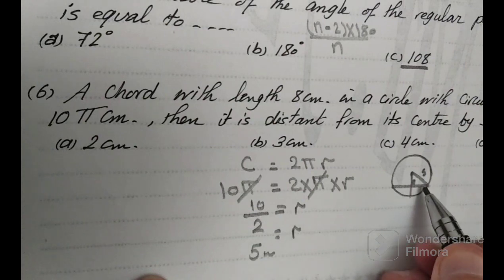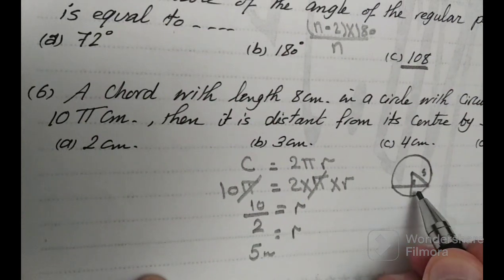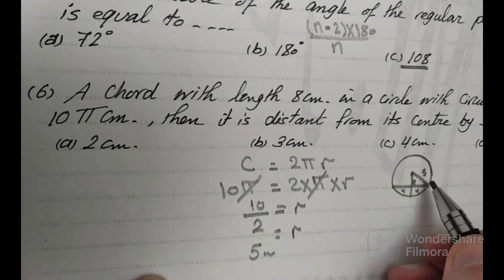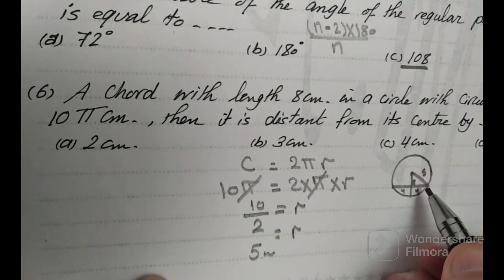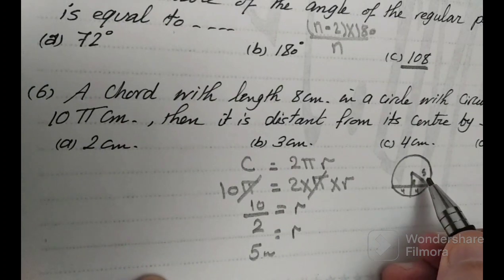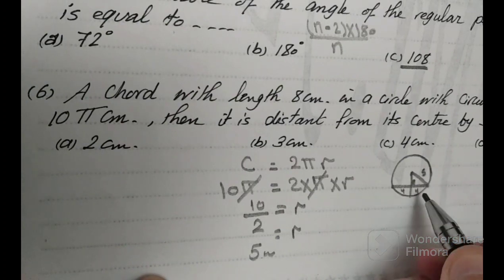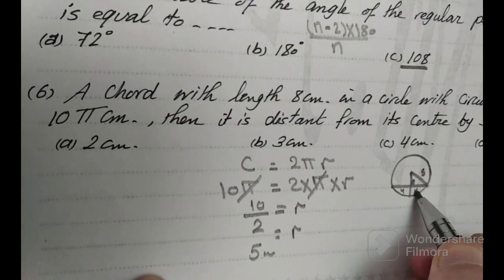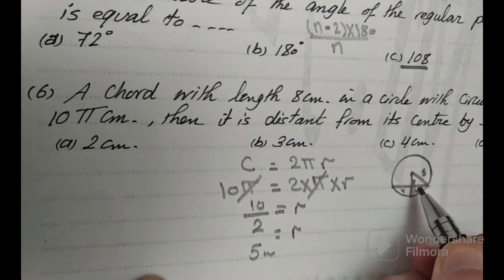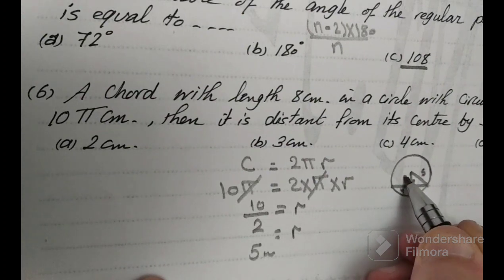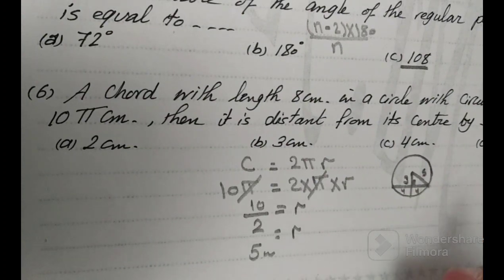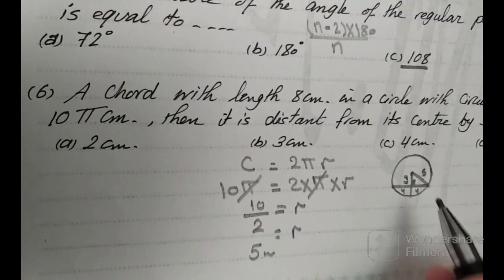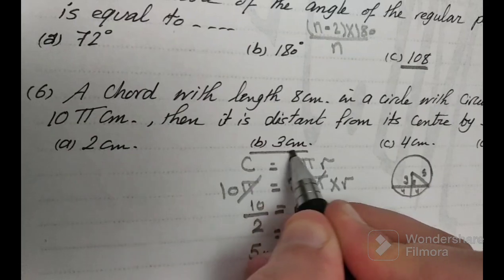This perpendicular bisects the chord into 4 and 4, 2 equal parts. Pythagoras theorem: 5 squared, 25, minus 4 squared, 16. The distance is 3 centimeters. So the distance from the center to the chord is 3 centimeters.